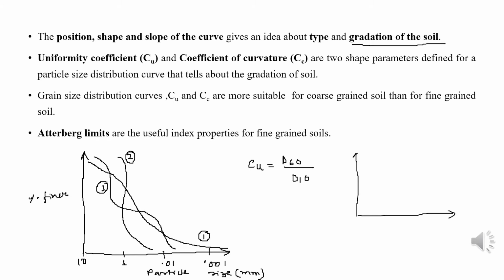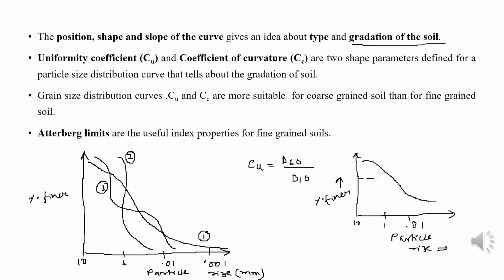So suppose we draw a clearer graph of one soil only. So suppose this is 10, this is 1, this is 0.01, and this is the particle size on the x-axis in a log scale, and percent finer on the y-axis, right? D60 represents a particle size corresponding to which 60% of particles are finer than this, right?